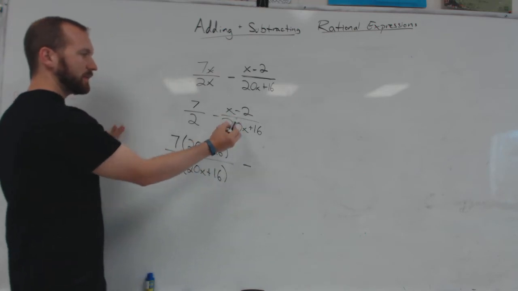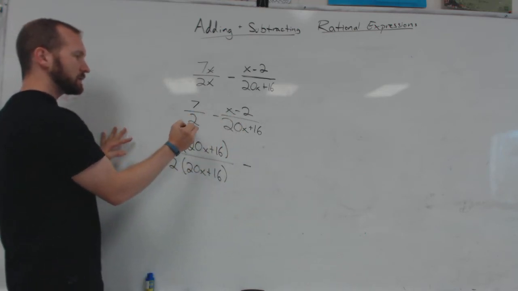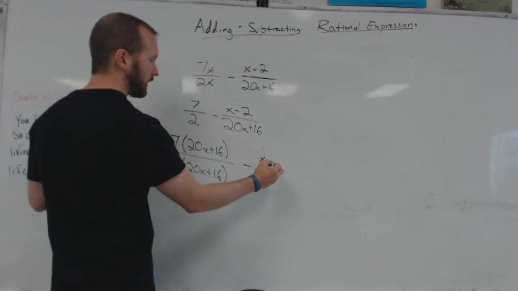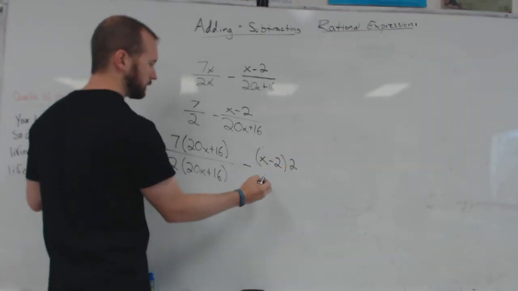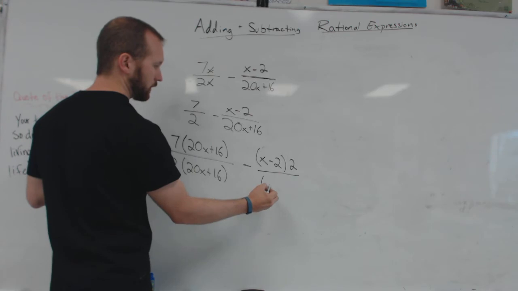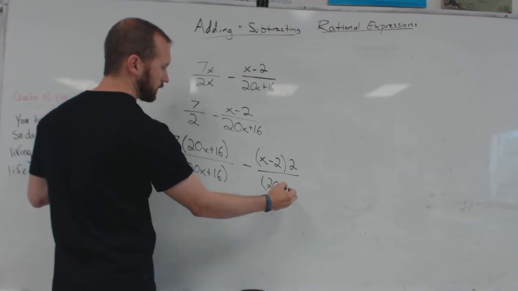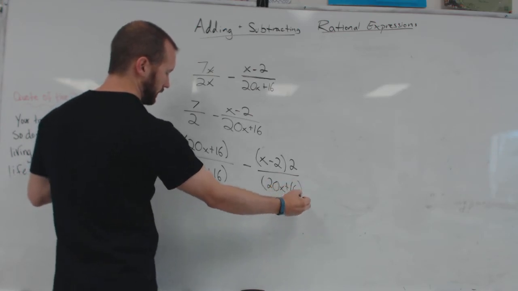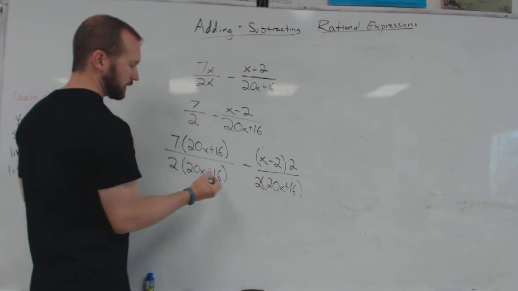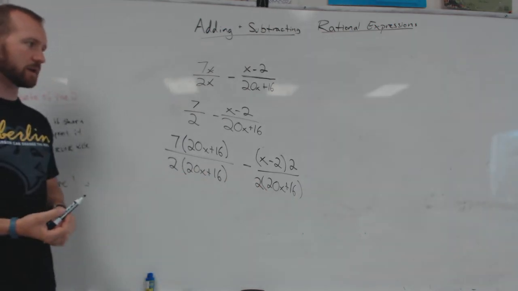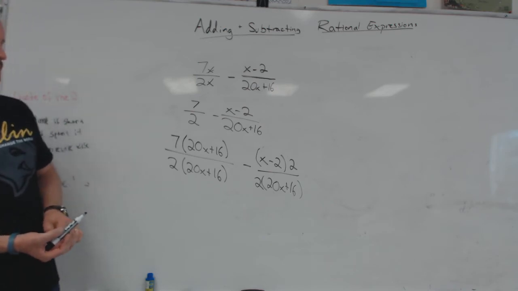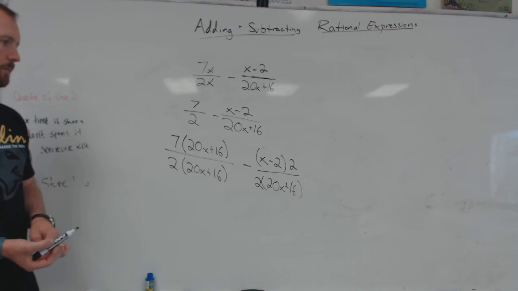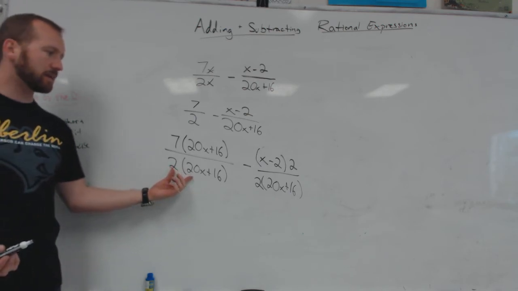Then I'm going to multiply this fraction times this denominator. So I have x minus 2 times 2 over 20x plus 16. And I'm just going to put the 2 out front so that it looks like my first denominator. So now I have the same denominators.